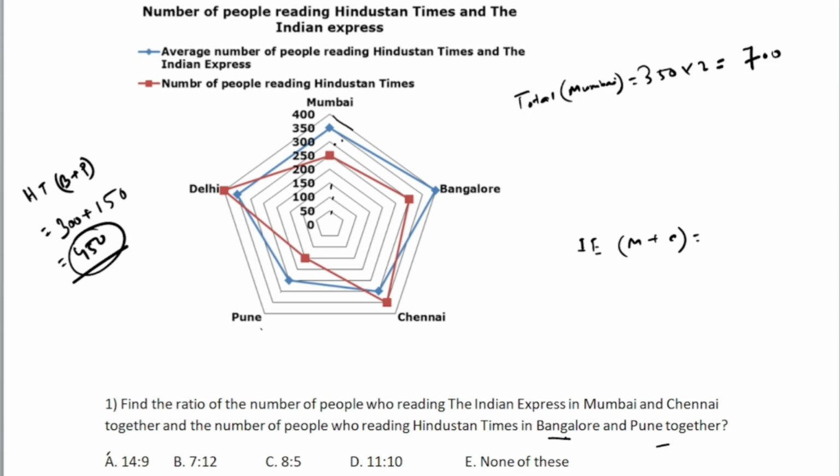But the number of people in Mumbai who are reading Hindustan Times is 250. So number of people reading Indian Express in Mumbai is 700 minus 250 is equal to 450.